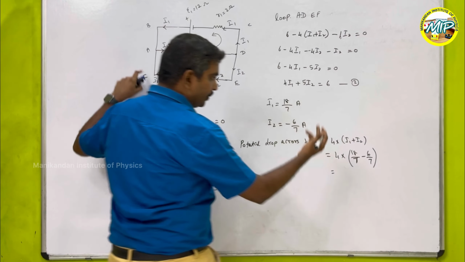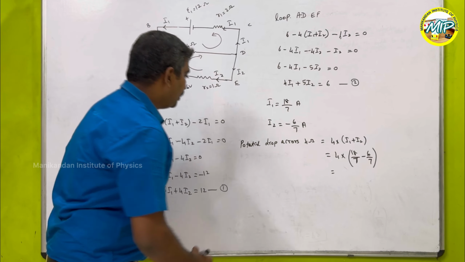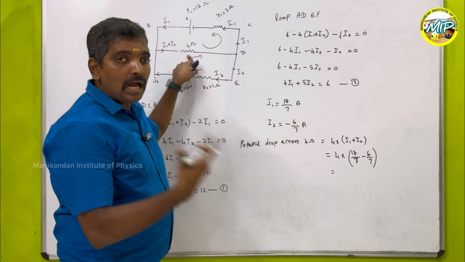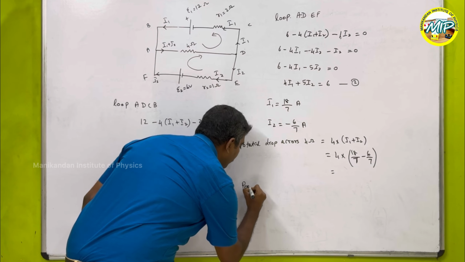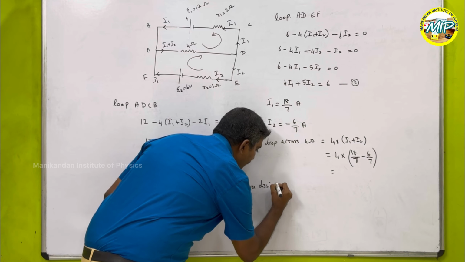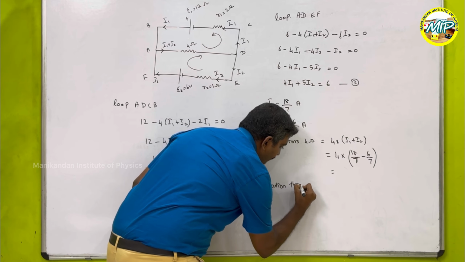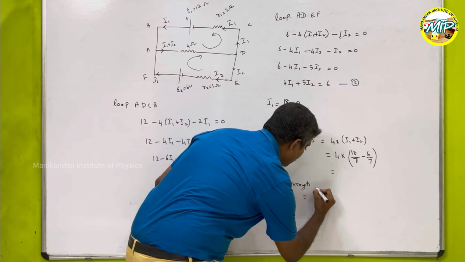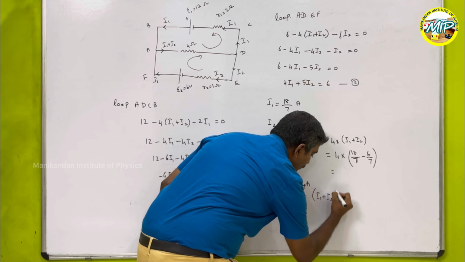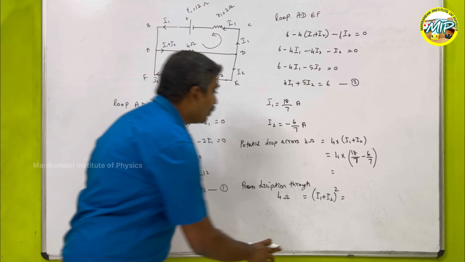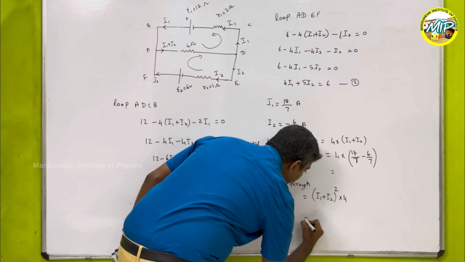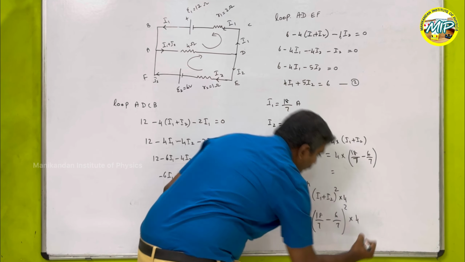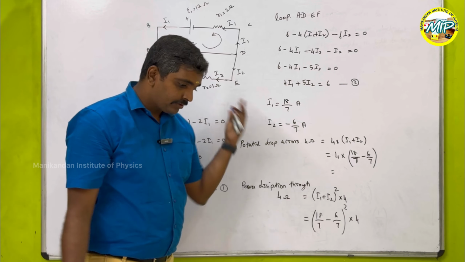So you can find the potential drop across the 4 ohm resistor, and then the power dissipation through the resistor, the joule heating, I squared R. I may write the power dissipation through the 4 ohm as (I1 plus I2) squared times 4, so it's (18 by 7 minus 6 by 7) squared times 4 ohm. I just leave this calculation as an exercise.